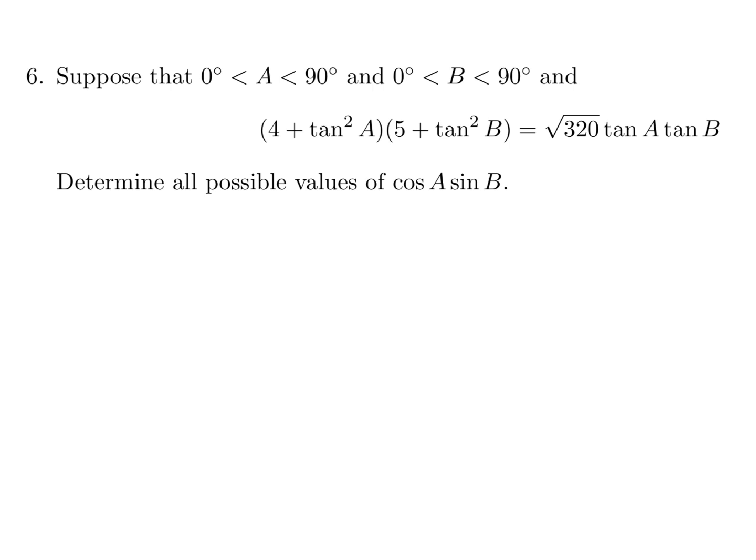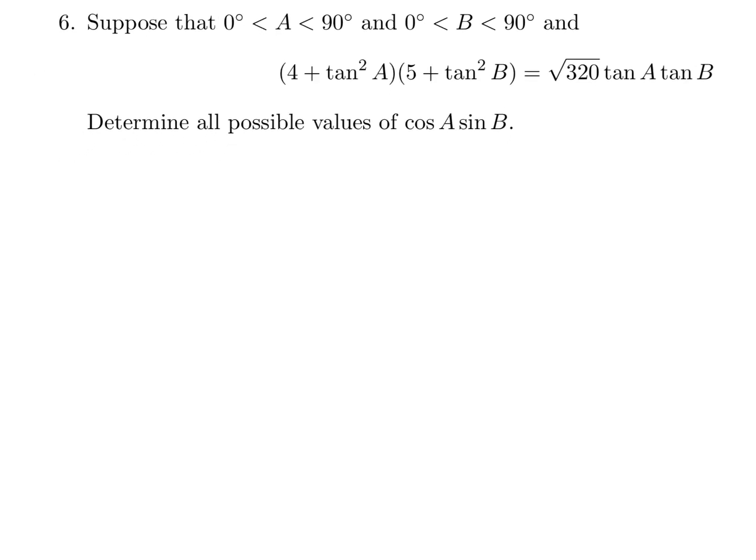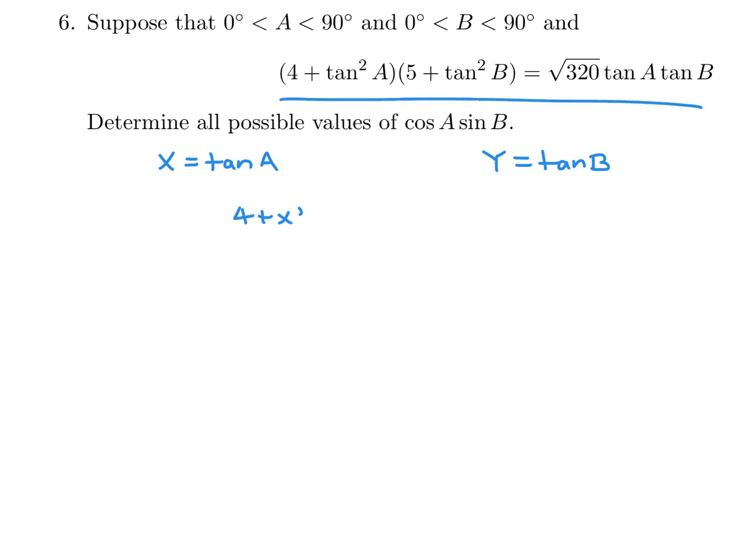So let's make some substitutions here, make this a little bit easier to digest. I'm going to let x equal tan a and y equal tan b. I'll just make those substitutions, and then this equation therefore would become (4 plus x squared)(5 plus y squared) equals root 320 xy.